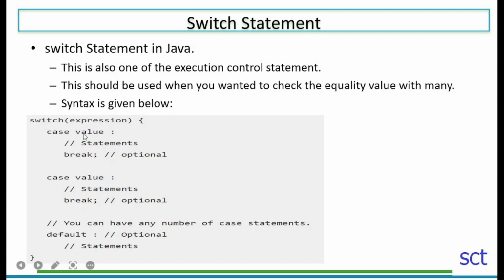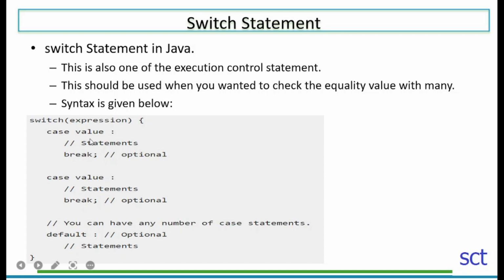Okay, so case followed by a value. This variable should be equal to this value. If this is true, then you execute the statement and finally say break. Okay, every case statement will be followed by a break. It is optional again.